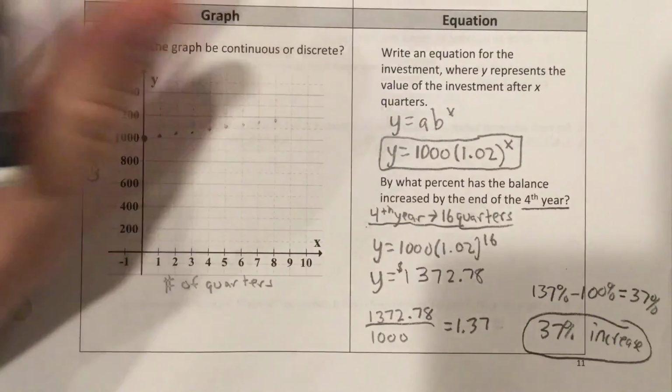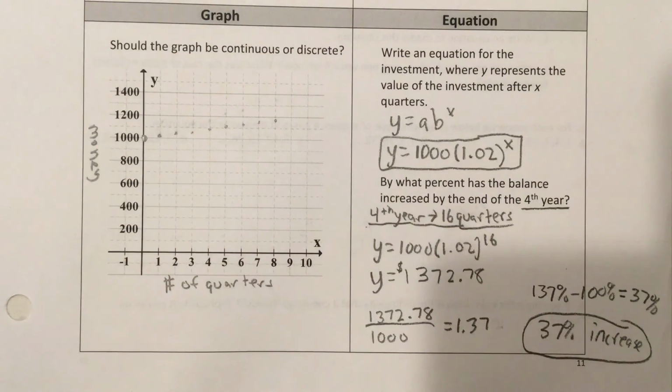So we said compounded quarterly was better than compounded yearly. So what that means is compounded monthly would be better than compounded quarterly, because you're getting the interest every month instead of every quarter. Compounded weekly will be better than compounded monthly. So what would be better than compounded weekly?